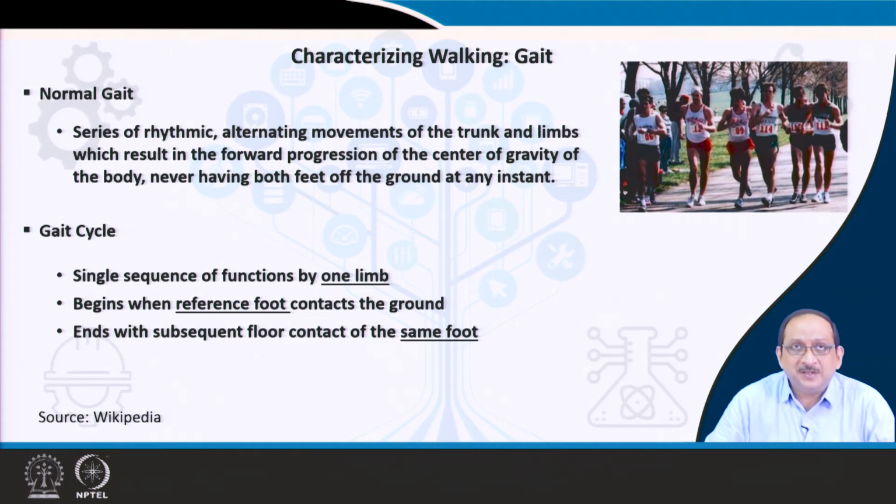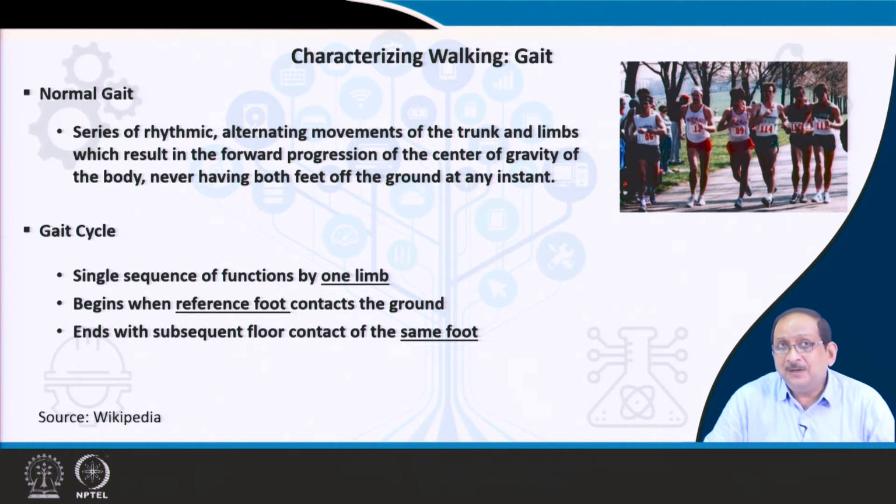Normal gait is a series of rhythmic alternating movements of the trunk and limbs which result in forward progression of the center of gravity of the body, never having both feet off the ground at any instant.